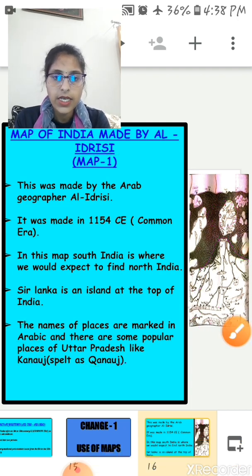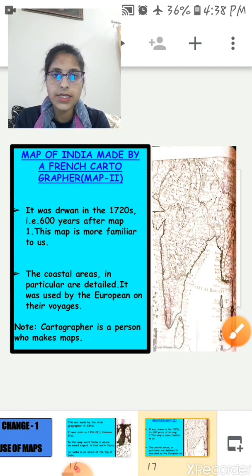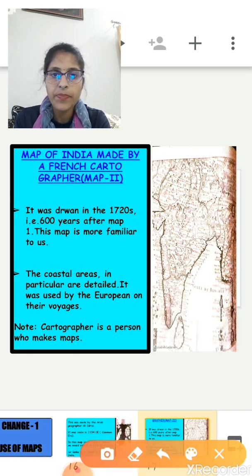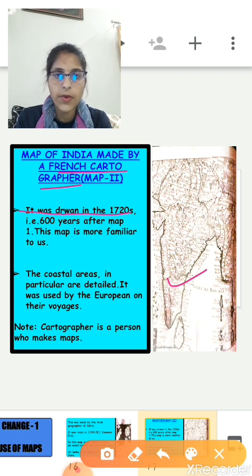Clear? Okay, just look at one more Indian subcontinent map, but this map was made by a French cartographer, and it was drawn in 1720, that is 600 years after the first map. This map is more familiar to us. Why?